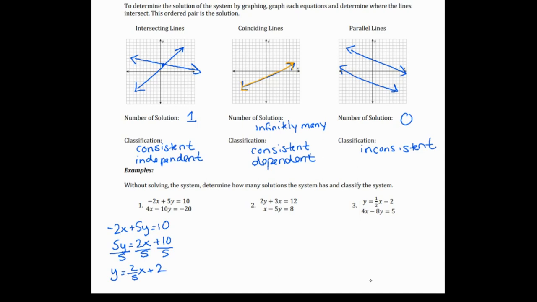I would then take the second equation, 4x minus 10y equals negative 20, and do the same type of thing. Subtract 4x, divide by negative 10, and I get y equals 2/5 x plus 2.